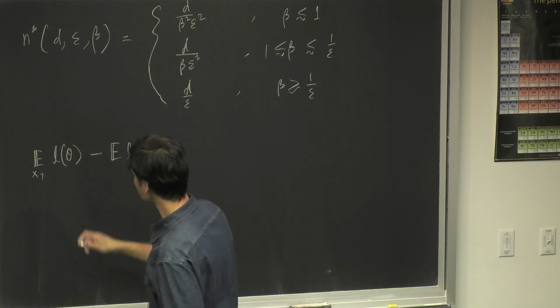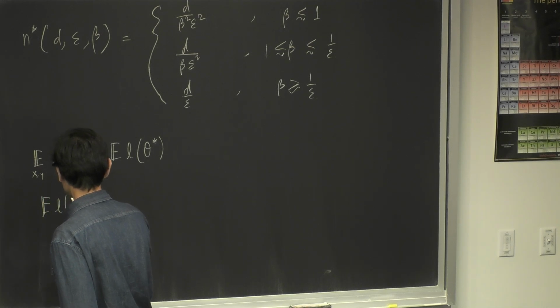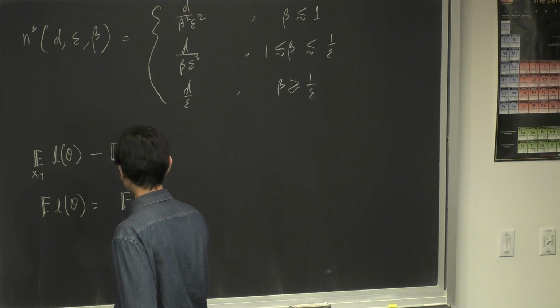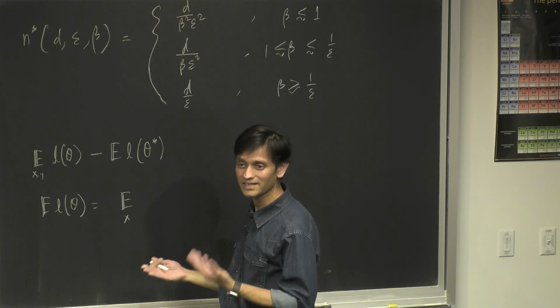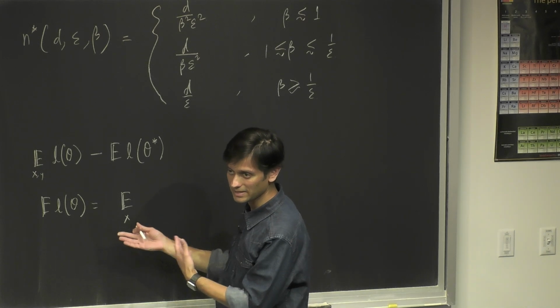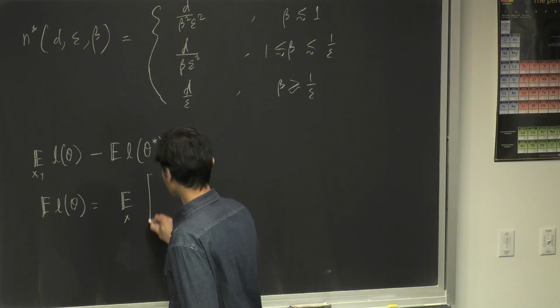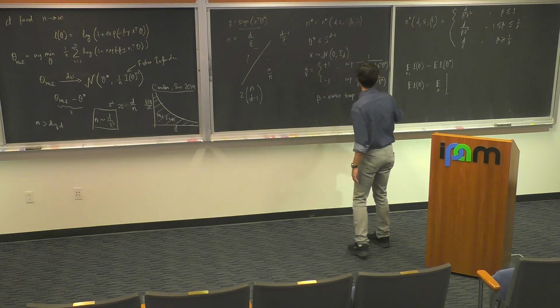So let's see what this quantity is. Let's first just find out the expectation of L theta, right? So this is equal to the expectation over x, and I'm first doing it for a fixed x, and then I will integrate over x. So now y has this probability distribution right over here.